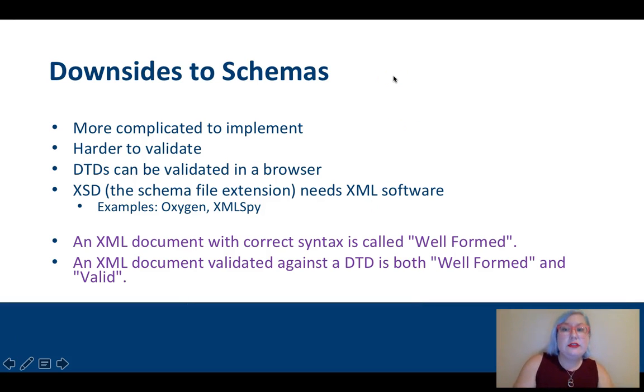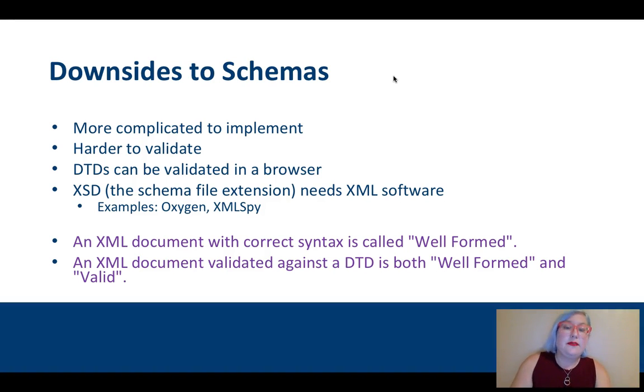The downsides to schemas: they're obviously a little bit more complicated to implement because they are more flexible, which makes sense, right? It also makes them harder to validate. You have to have that file along with your XML file, and you also need special software to deal with that, which can be kind of annoying.